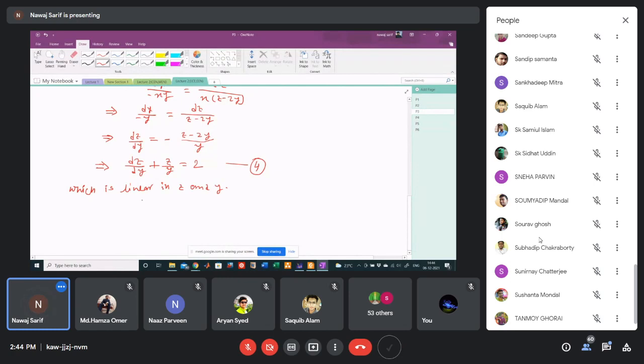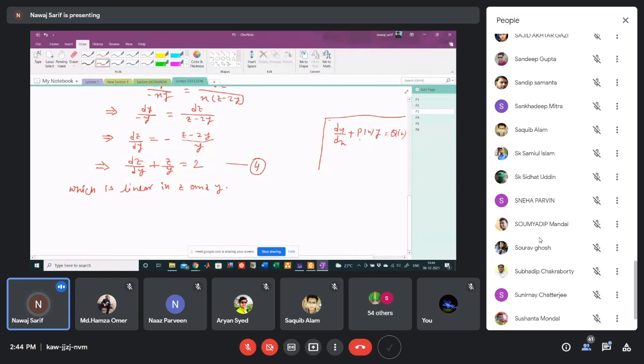So, to find the solution of a linear differential equation: if you are given dy/dx + P(x) y = Q(x), this is your linear differential equation in x and y.